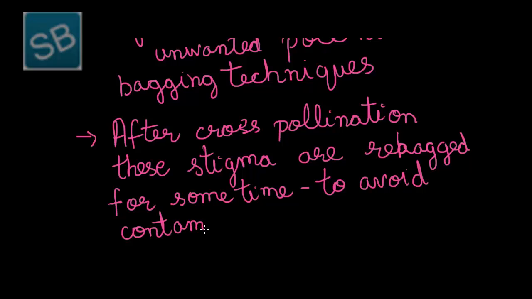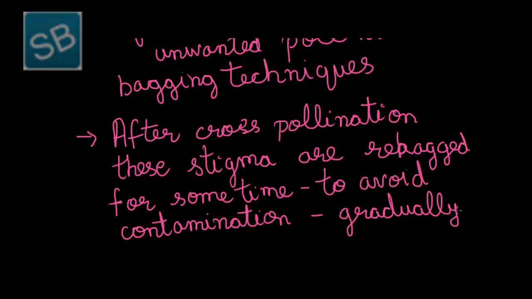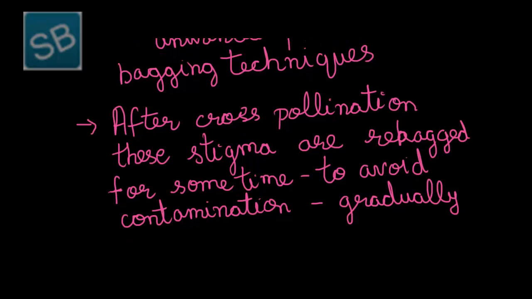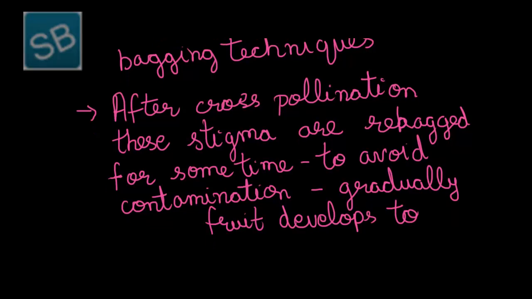And thereby gradually with time the fruit develops out of it, to produce hybrids. In this manner, the process of artificial hybridization occurs.